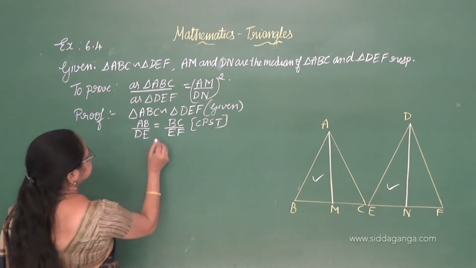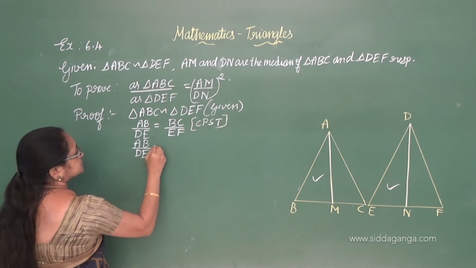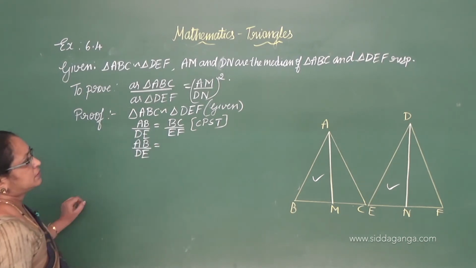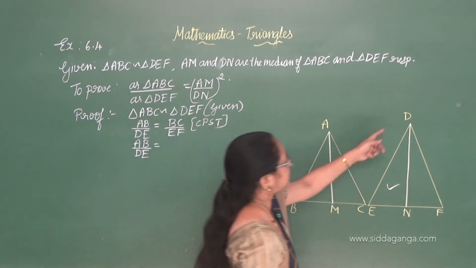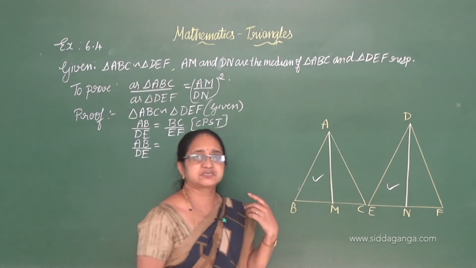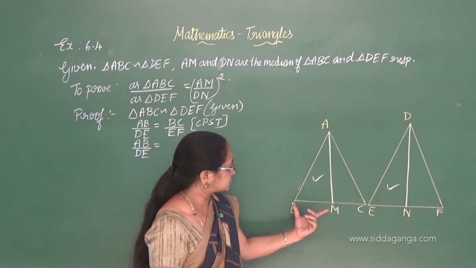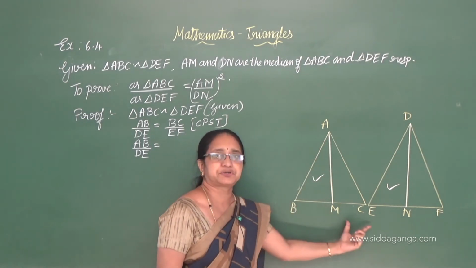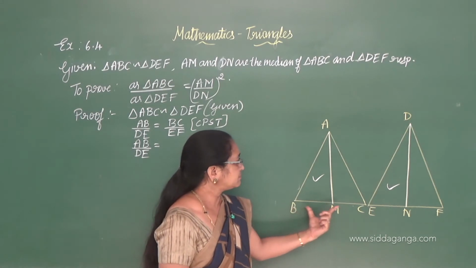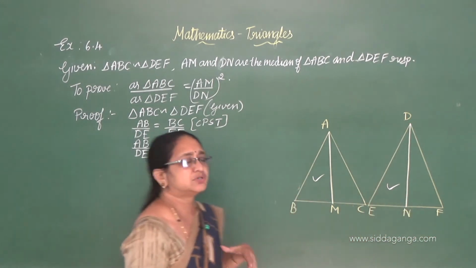Now, here you observe one thing, AB by DE, since this AM and DN are the medians, and you all know previous sums we have done it already. This line actually it will divide this BC into two equal parts, that is BM is equal to MC, same way EN is equal to NF.